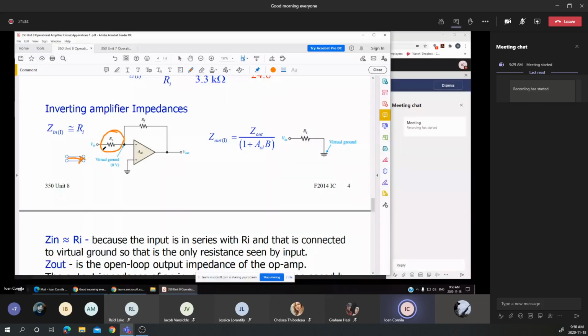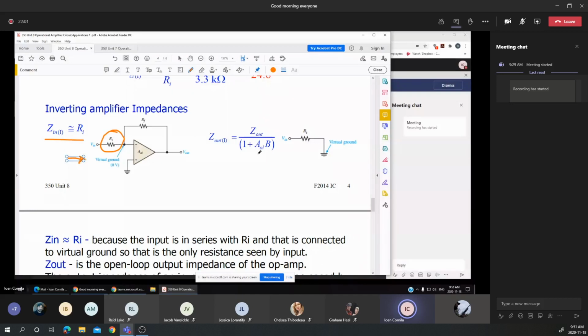This means that the inverting amplifier does not have a large input impedance like the non-inverting amplifier, and the input impedance can be approximated by RI, the input resistance connected in series with the supplied voltage.